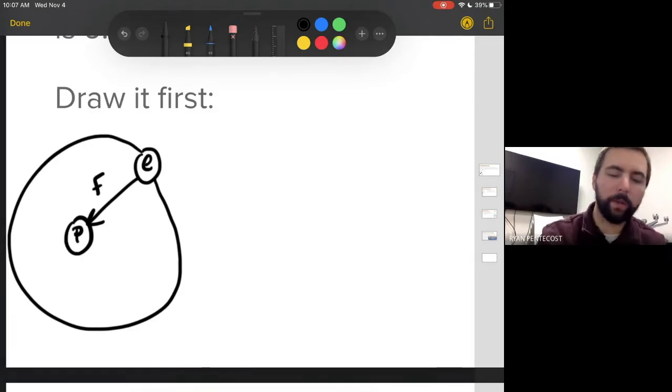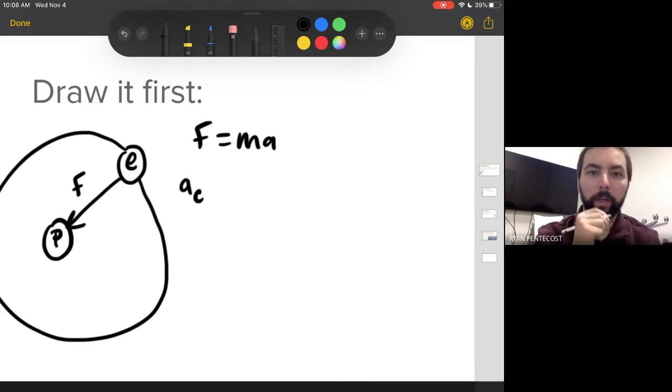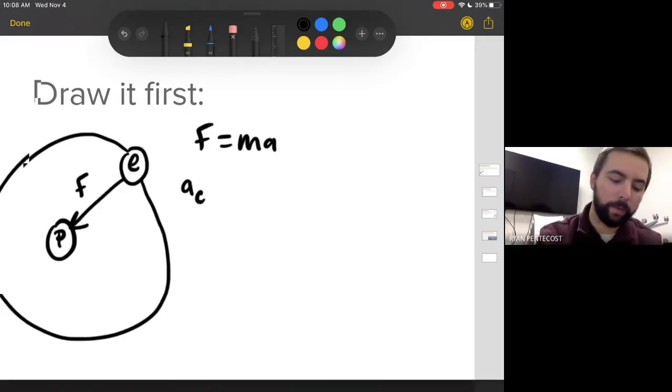So we have some information on centripetal force. Let's first narrow down what is centripetal force and how we could use it to solve for frequency of orbits in revolutions per second. So we have first F equals ma, right? But we're dealing in circular world where we've got centripetal acceleration.